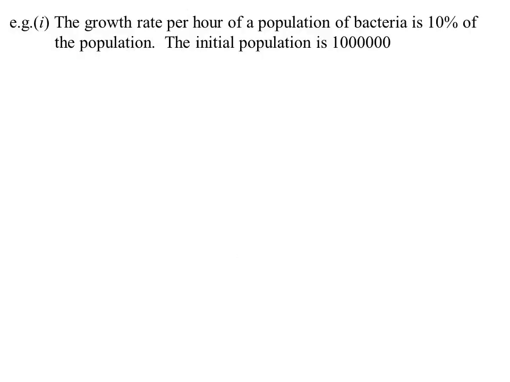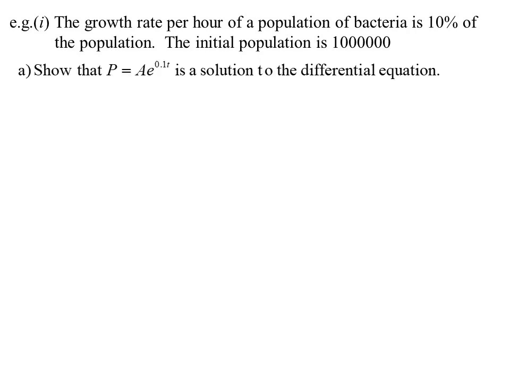The growth rate per hour of a population of bacteria is 10% of the population. Initially we have 1 million of these bacteria. Standard first question, just like we did in our theory: show that this is a solution to the differential equation.